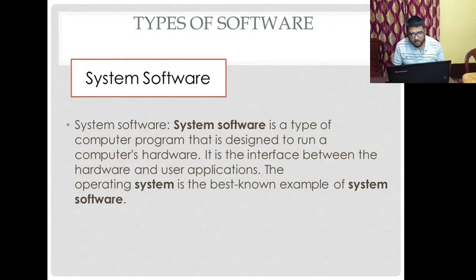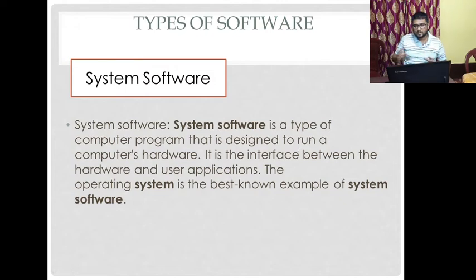What is system software basically? System software are computer programs that are designed to run the hardware. Means these kinds of software are designed for the hardware to work. Suppose I move the mouse, the operating system or the system software tells the mouse what to do.